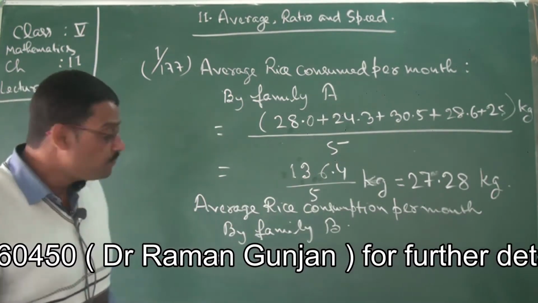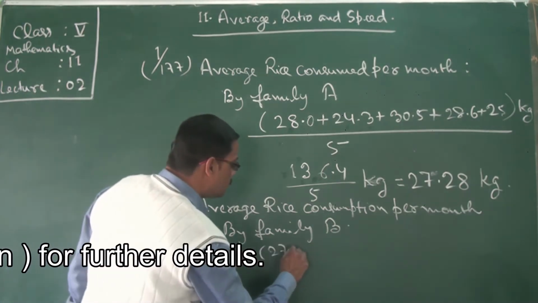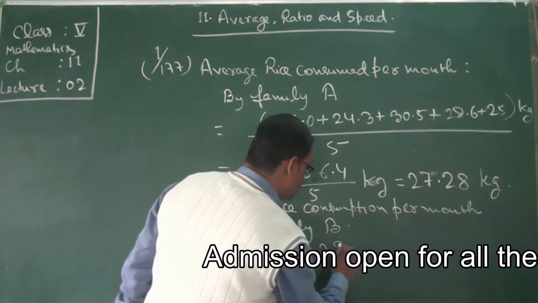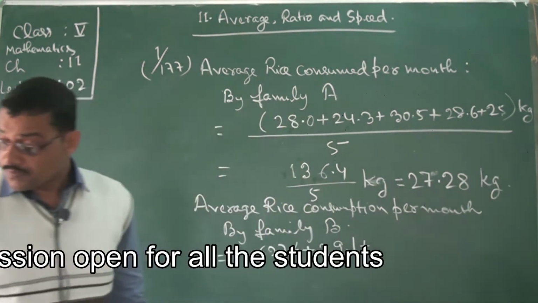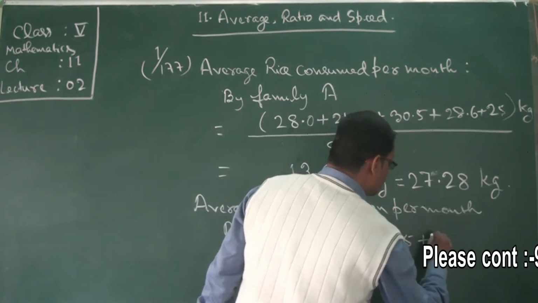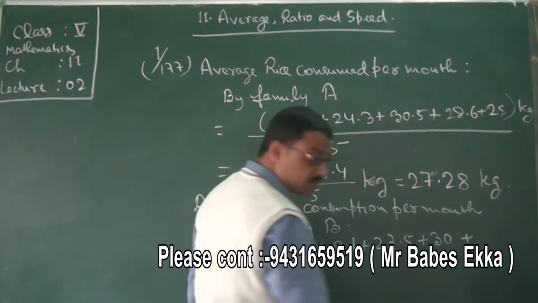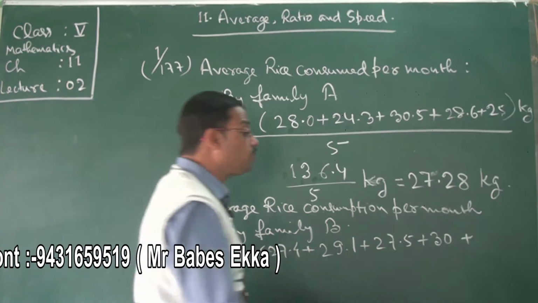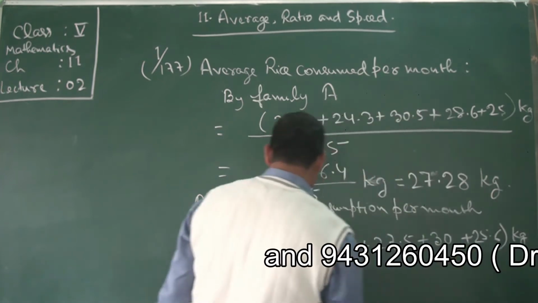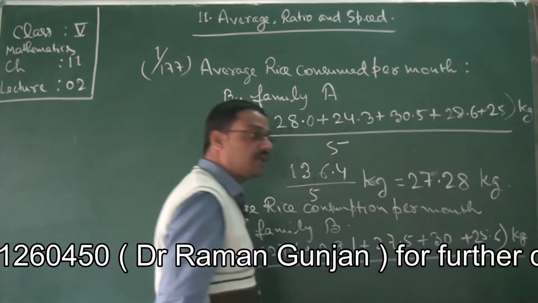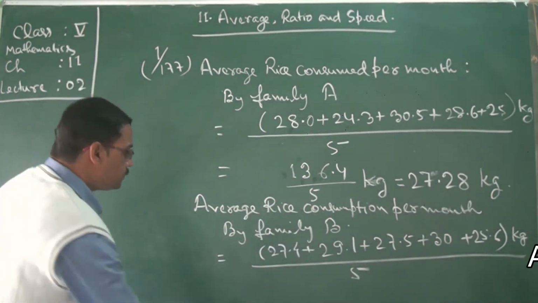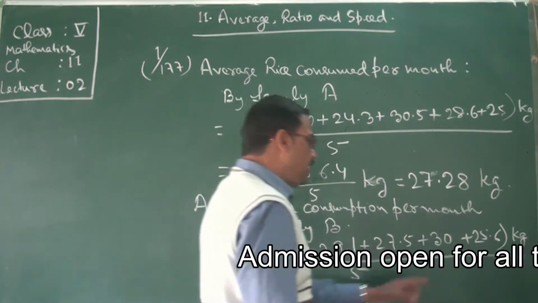We will take the sum: 27.4 plus 29.1 plus 27.5 plus 30 plus 25.6. Of course, after the bracket we will put kg by, once again the number of months is 5, so we will take 5. Now take the sum, very similar to the previous one.